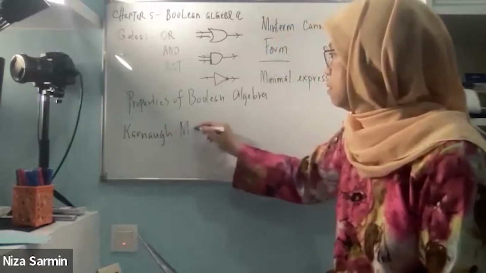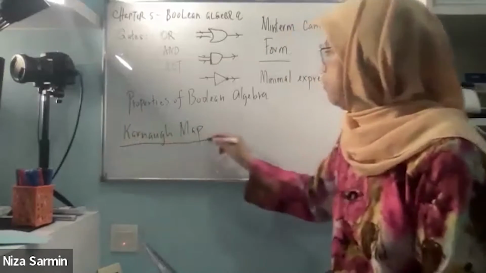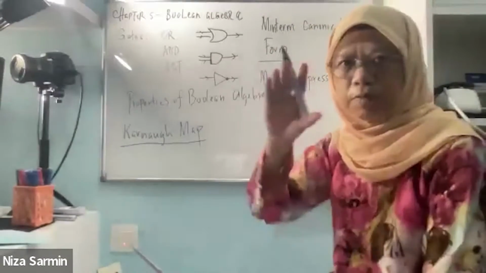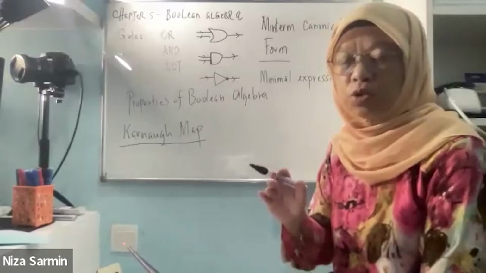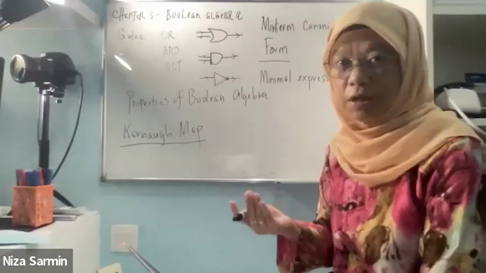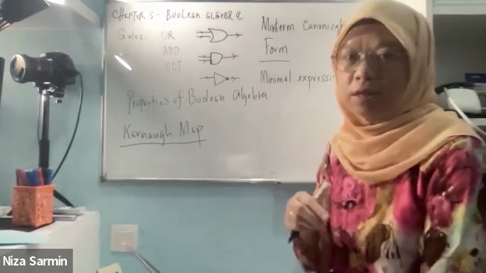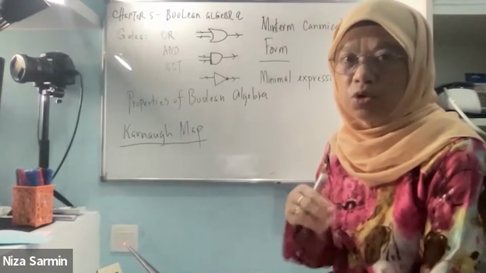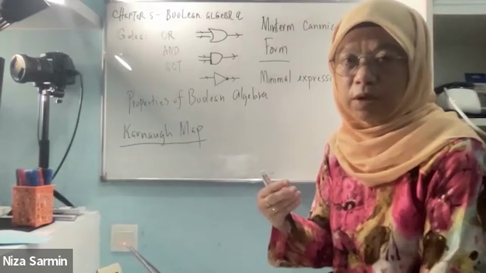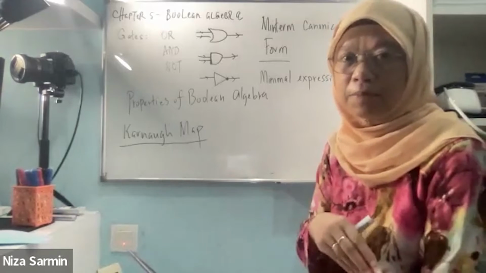If you remember, I went through one expression and to simplify the expression in which I add one term and then simplify using the property. But how do you come up with additional term, right?